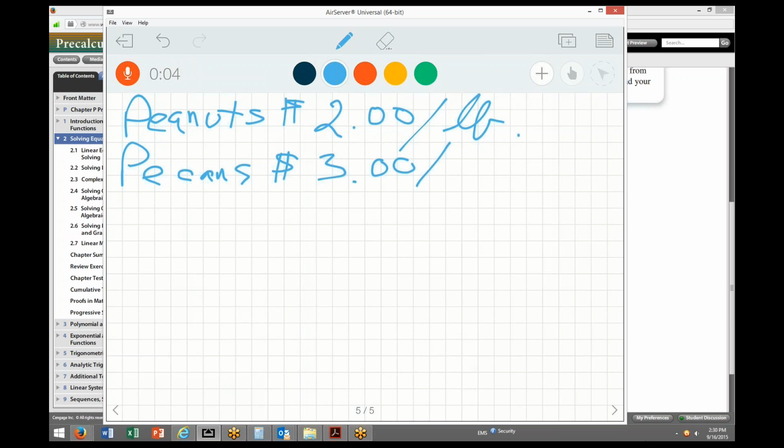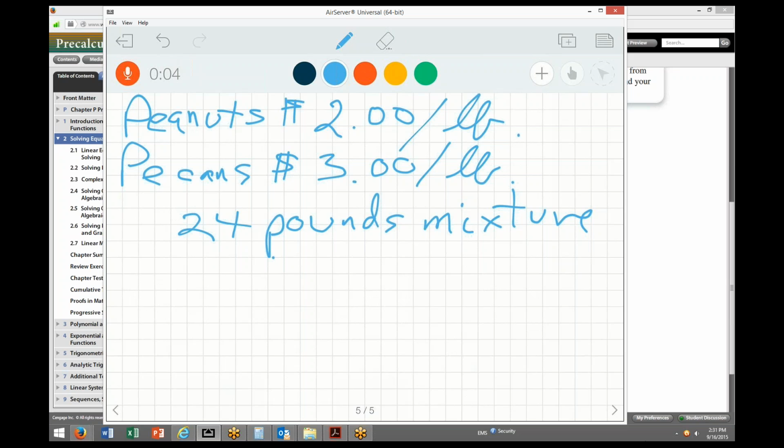And then we had a mixture, say we had a total of 24 pounds in our mixture of peanuts and pecans, and then somehow we realized that somebody's already mixed this up for us, and they knew what proportion of peanuts and what proportion of pecans they put in it, so that they know how it came out, so that the mixture cost, or if you want to call it the average cost, of $2.60 per pound.